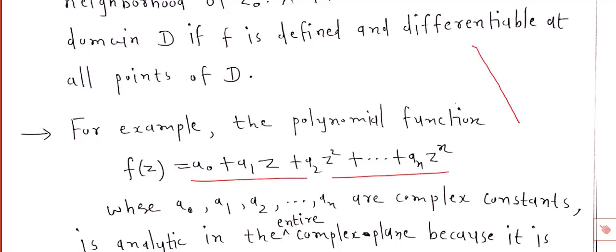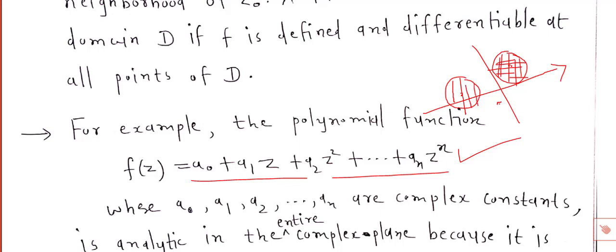So if we consider any point in the complex plane, and we want to check whether this is analytic at that point, then we can always find at least one neighborhood of that point such that this function is differentiable at every point in that neighborhood, because the function is differentiable at every point, so it is differentiable in any neighborhood of any point.